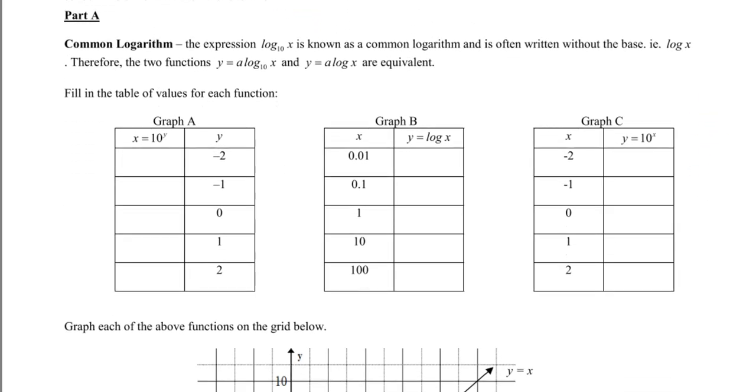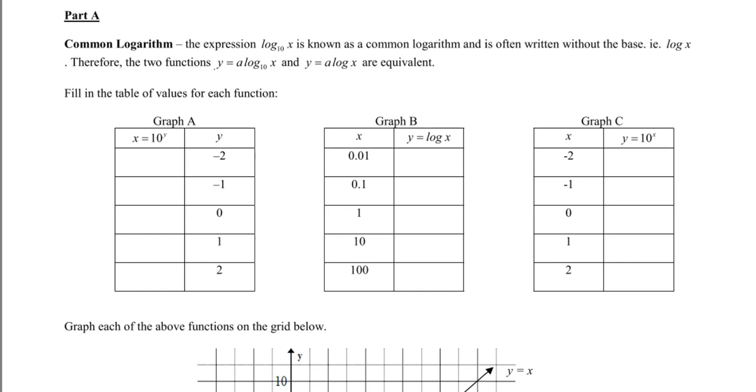Part A, the common logarithm. The expression log base 10 of x is known as a common logarithm and is often written without the base, right? So just like that's a square root, we don't put the 2 in there. We don't put the index in there if it's a square root. If you just see the word log by itself, then it's a base 10 log, okay?